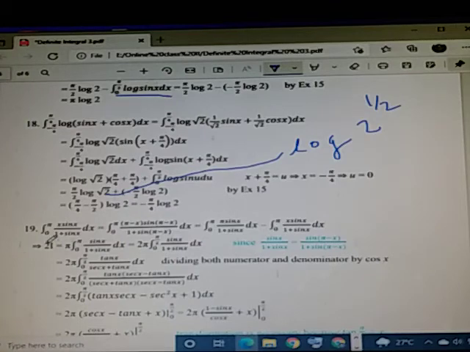Then number 19, it is again we are applying property 4. So this is pi minus x sin x, x sin x is again this value.